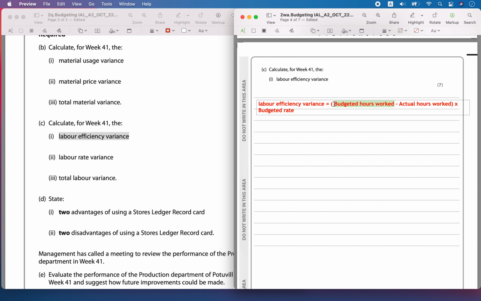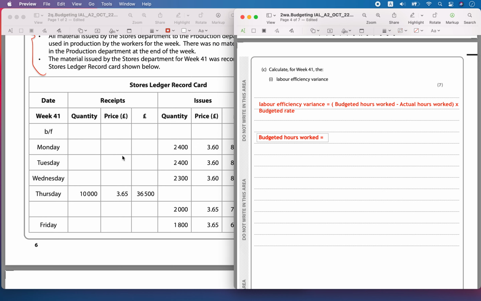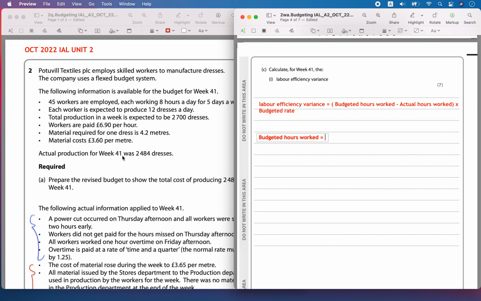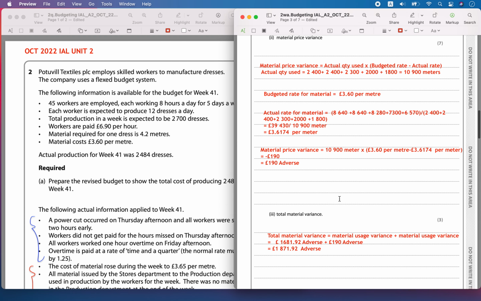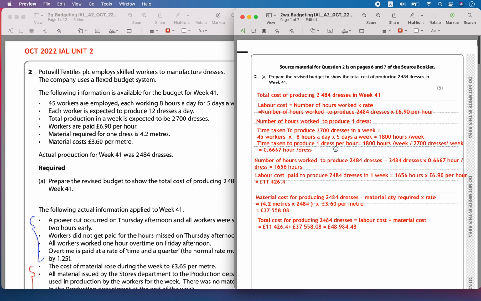Now let's see what were the budgeted hours they had to work. The budgeted hours, we had already calculated in the first part of the question: the total hours they had to work to produce the 2484 dresses were equal to 1656 hours.